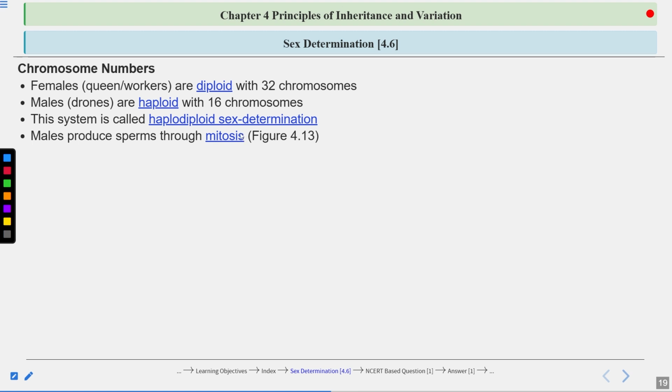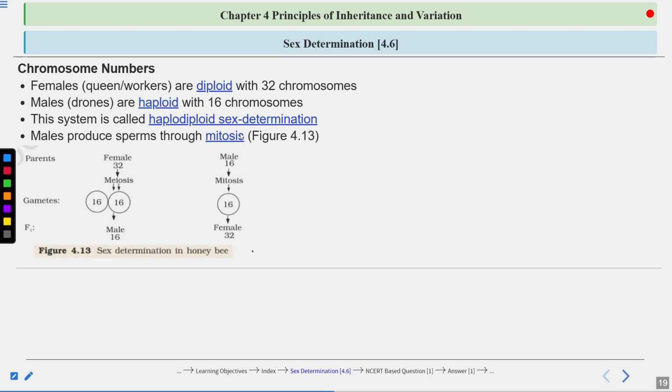Okay. Now you can see in this image, this is sex determination in the honeybees. So here the parents are listed. Parents are a female and a male. In sexual reproduction, two parents are involved. Biparental condition is there. Females have 32 chromosomes.